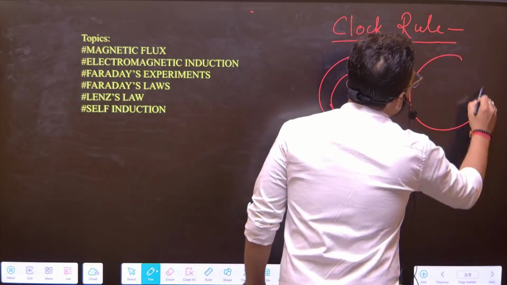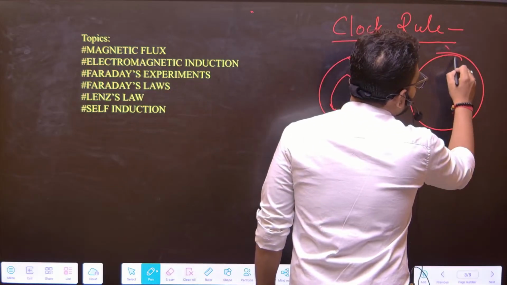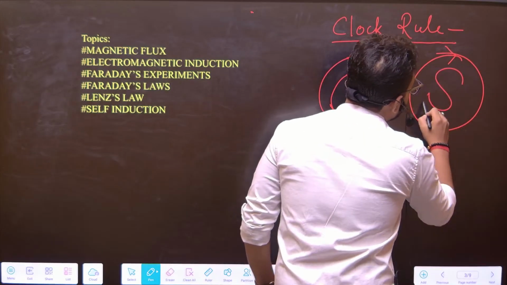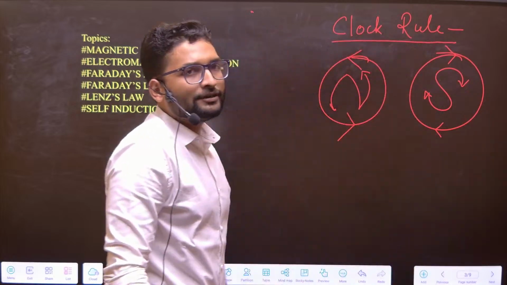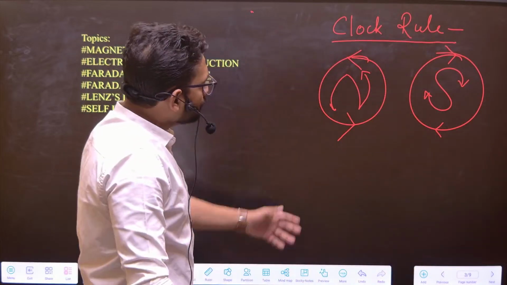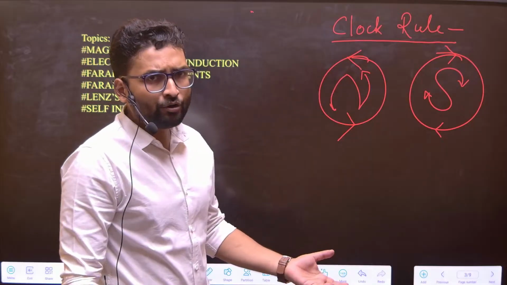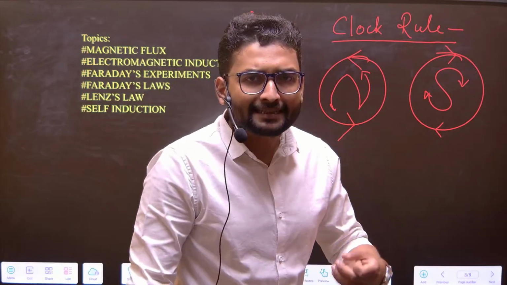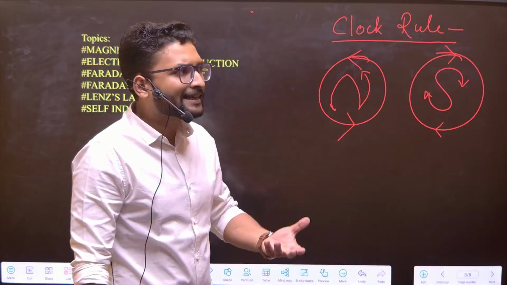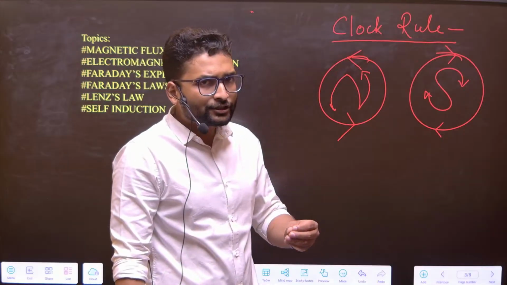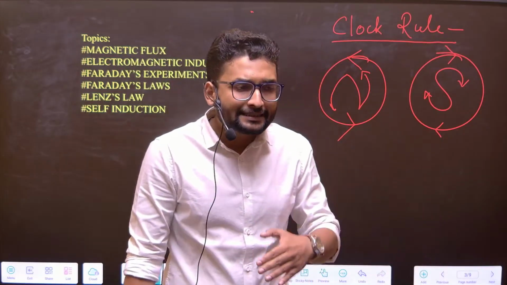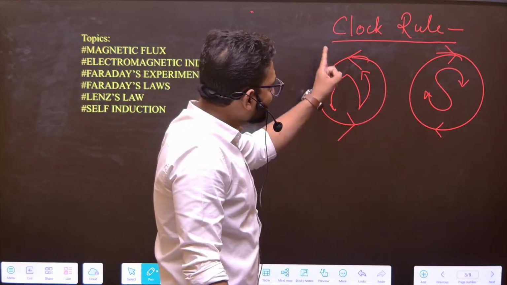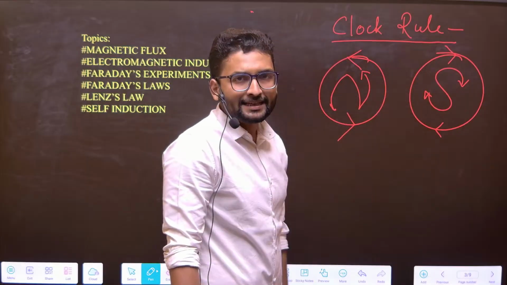Similarly, if current is flowing in the clockwise direction, then this face will acquire south polarity and the other one will acquire north polarity. That's basically the clock rule, because whenever current flows through a coil, it generates a magnetic field. That field has a direction from north pole to south pole, which means there must exist a north pole and a south pole. This is given by the simple rule: current anti-clockwise, north pole; current clockwise, south pole.